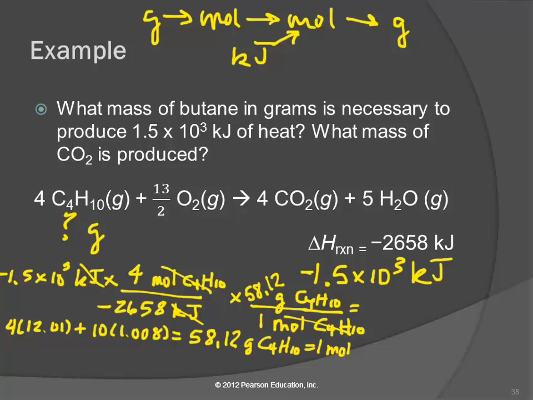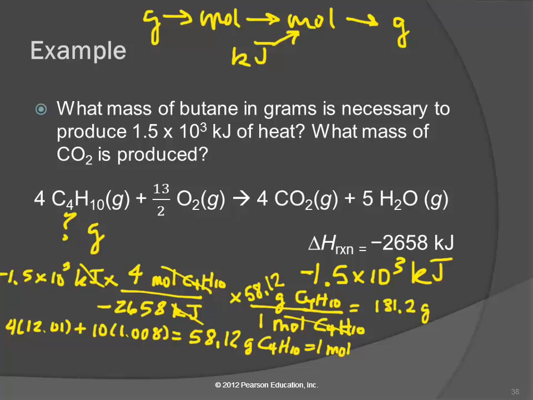So we have negative 1.5 E3, times 4 divided by negative 2658, times 58.12 equals, and I get 131.2 basically grams. How many sig figs should our answer have? 2.